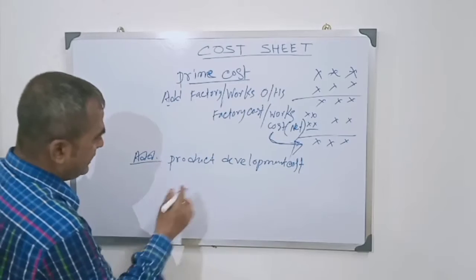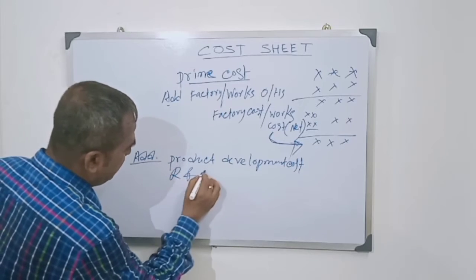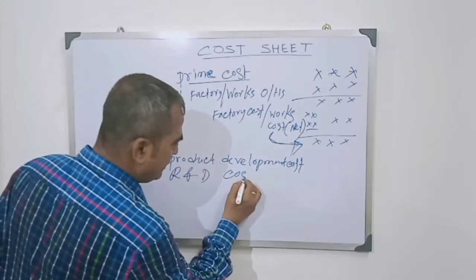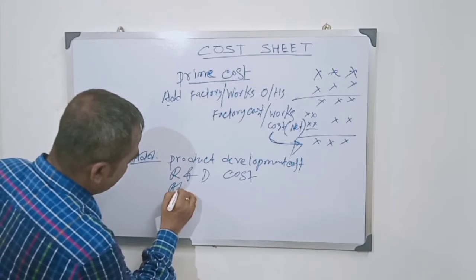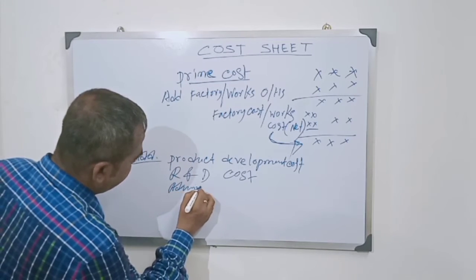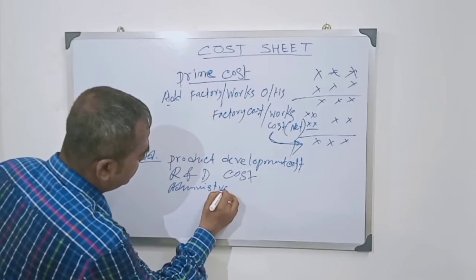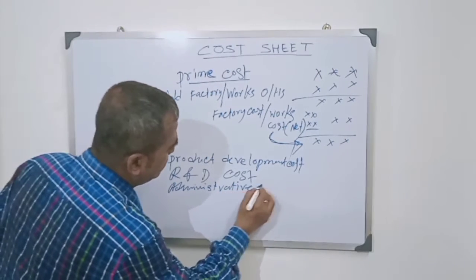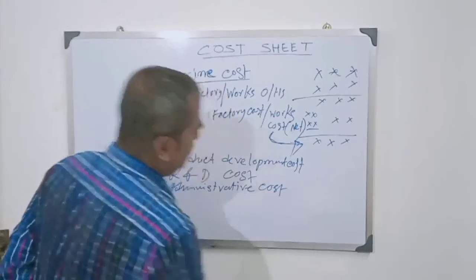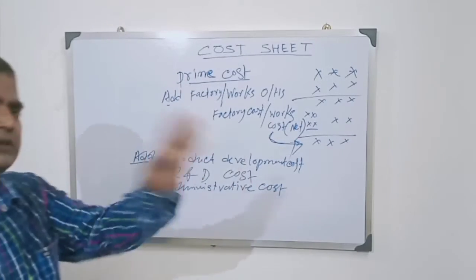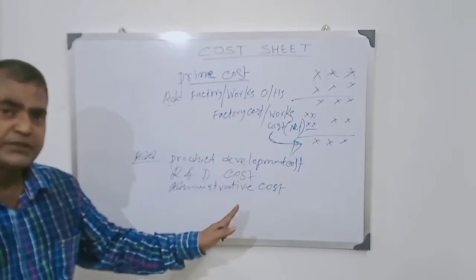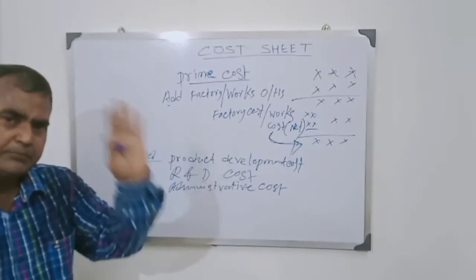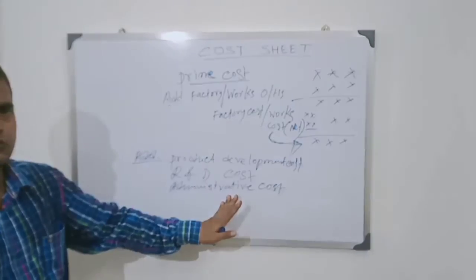We should add up research and development, R&D cost of the product, then management cost or administrative cost. Under administrative cost, several items like employee salary, office lighting, office rent, printing stationery, everything should come.